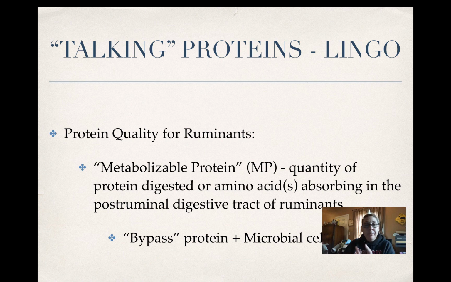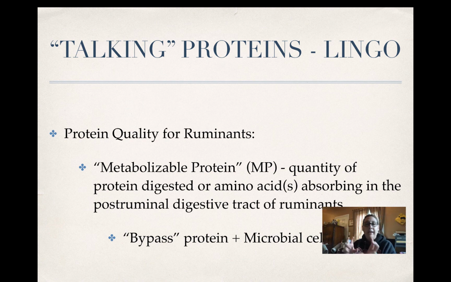The other one that we see in ruminants is what we call metabolizable protein. And that is the amount of amino acids or protein that is getting to the small intestine of the cow, sheep, goat, giraffe, whatever. It is a combination of the bypass or escape protein, the undegraded protein, plus whatever is made by the microbial cells.